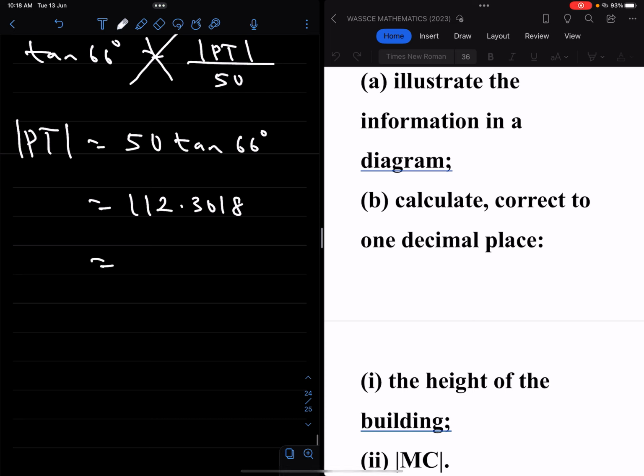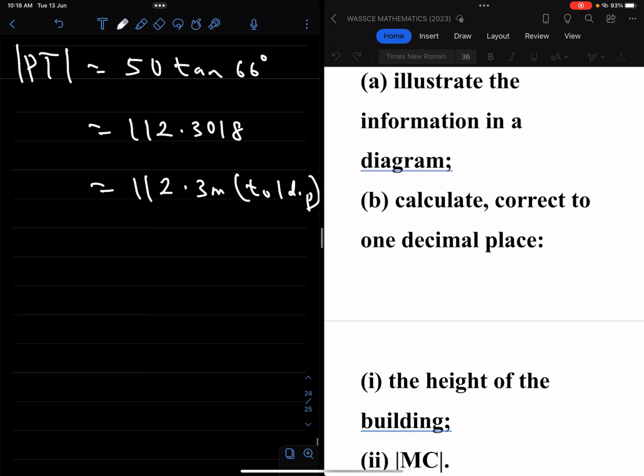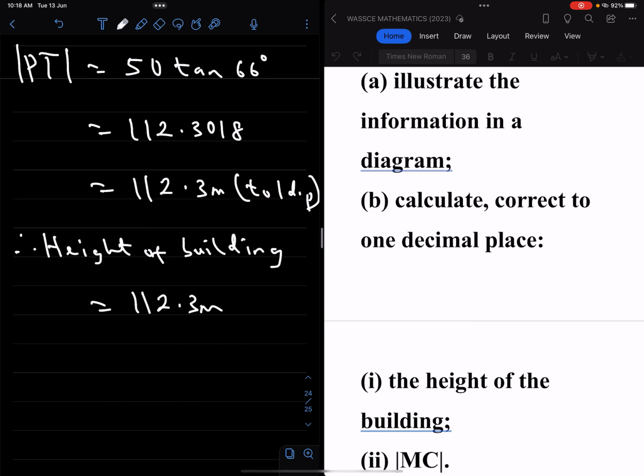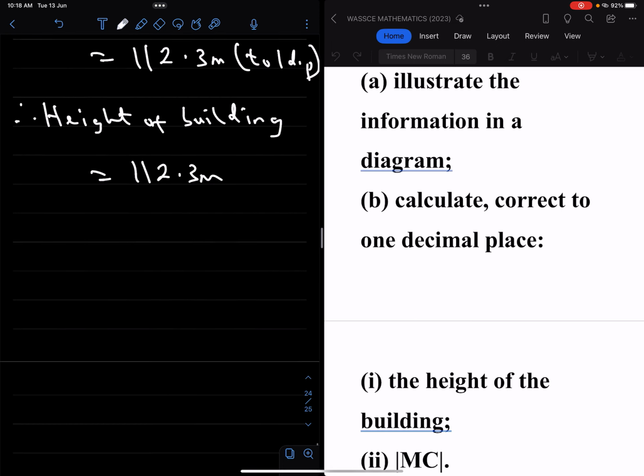So that's equal to 112.3 meters to 1 dp, and that's the height of the building. So I can say, therefore, height of building equals 112.3 meters.